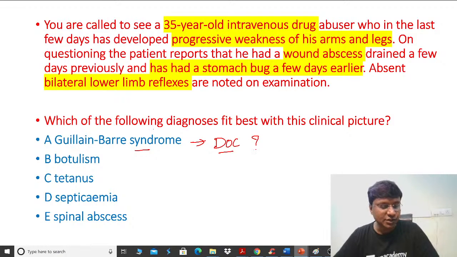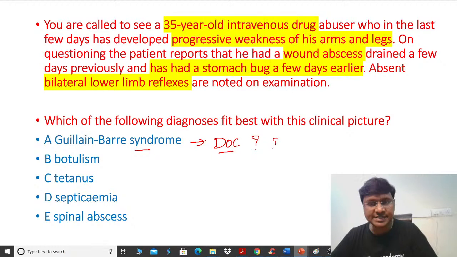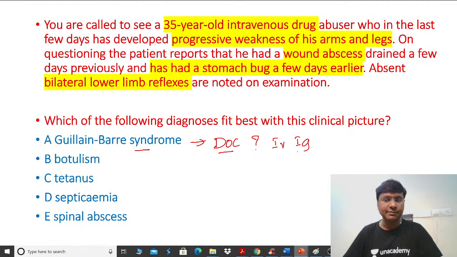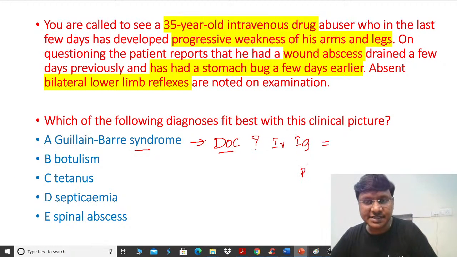Right, very good, Nitish Goyal. It is intravenous immunoglobulin, and you have an equal efficacy even with plasmapheresis as well.